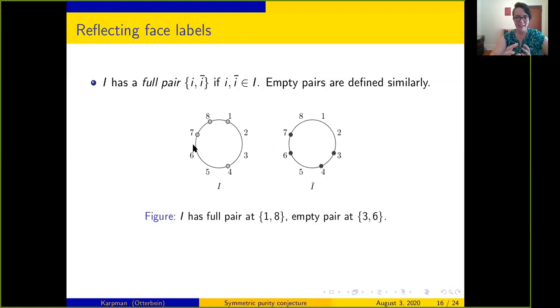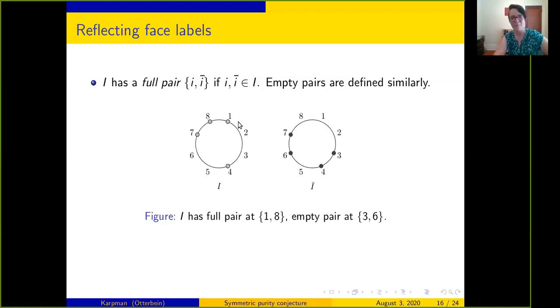So I'd like to talk about how we can tell from looking at a face label, without drawing a picture, just on a purely combinatorial level, where it's going to land in a symmetric Plabic graph, whether it will end up on the left, right, or center of the graph, and also about which face labels can potentially appear in a symmetric Plabic graph and which ones can never appear at all.